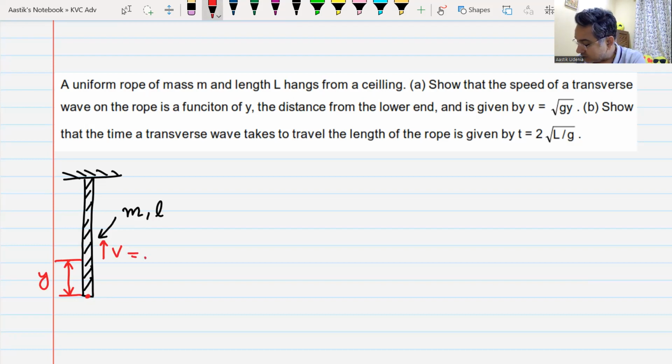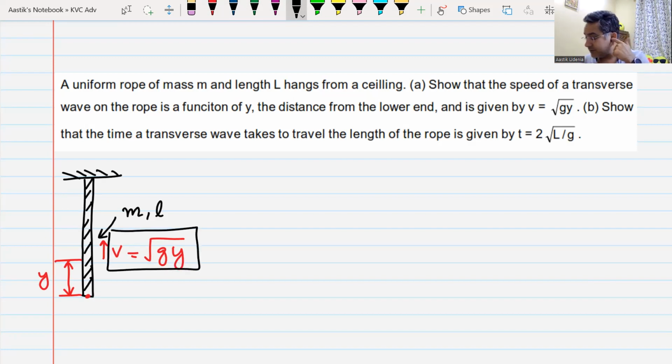You must remember that the velocity at this point will be given by root over gy, which is what this question wants us to prove, but we will not prove it because we know the answer and we will just use it. So the velocity of this wave at a distance of y from the bottommost point will be given by this formula. We will keep it as a formula.